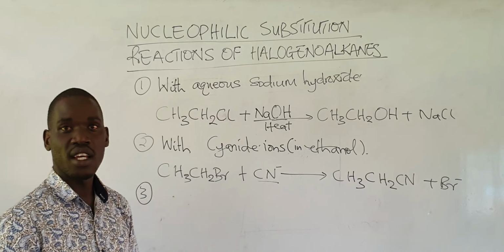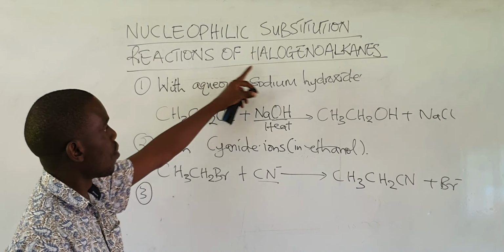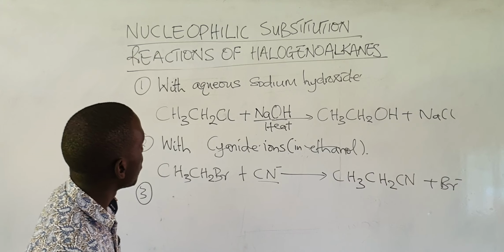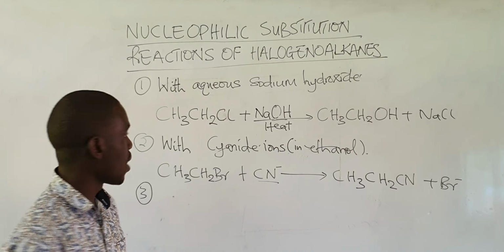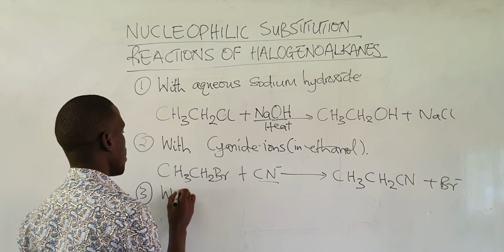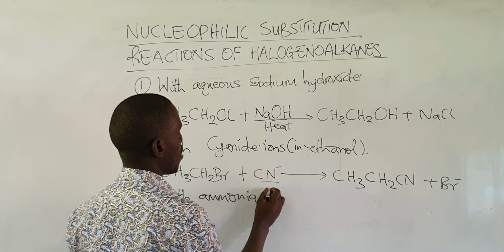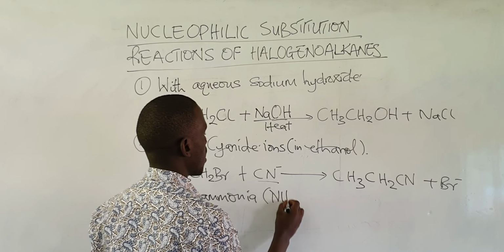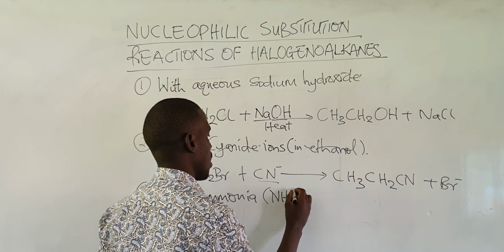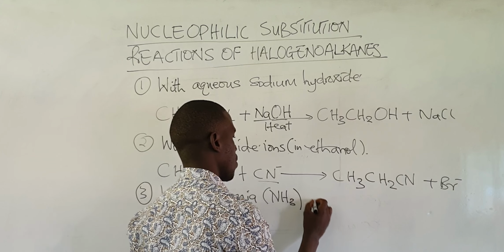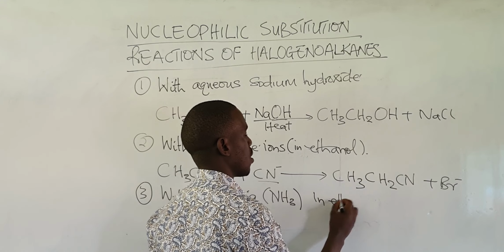The third nucleophilic substitution reaction of the halogenoalkane is with ammonia, that is NH3, also in ethanol.